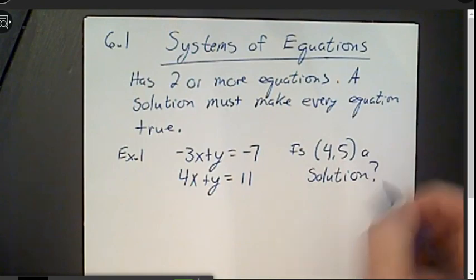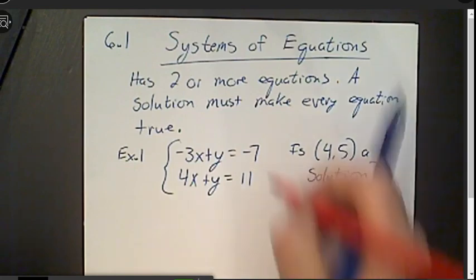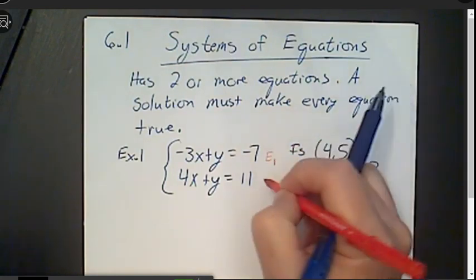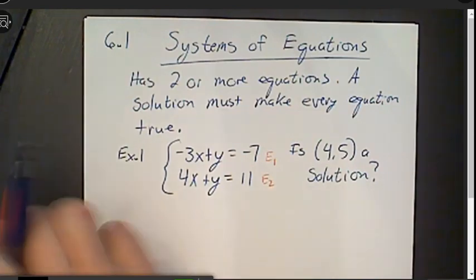So here's your system with these 2 equations, and then they're going to ask you, is (4, 5) a solution? Later on, especially when we get to the parts where we have 3 equations, sometimes we'll label these equation 1 and equation 2 just to keep things straight as we're going through these.